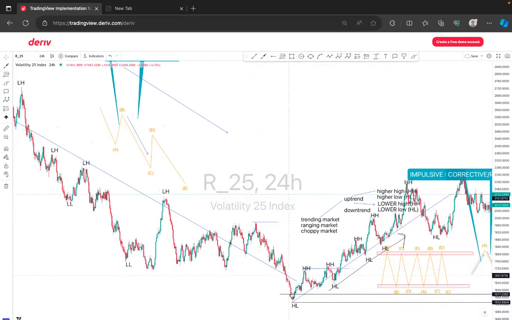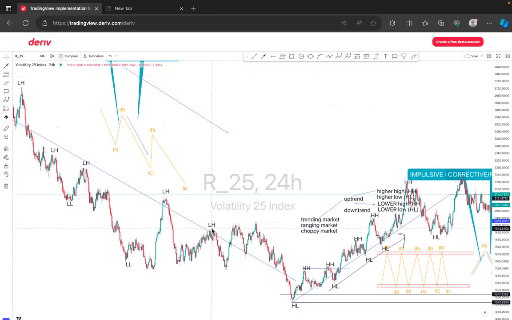Then the next thing, it came out. We thought it was an equal low, a lower low. But let me now show you where it's actually okay. So if this was a lower high, definitely this would be another lower high, right? So it's another lower high. Let me copy it.